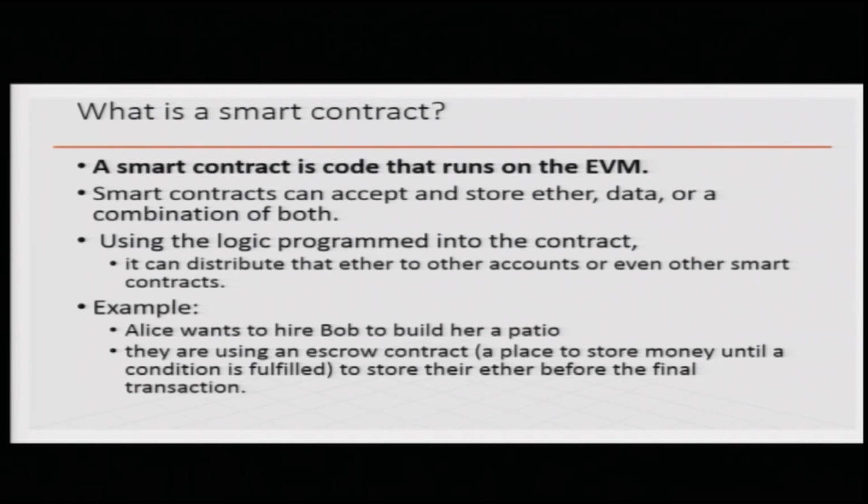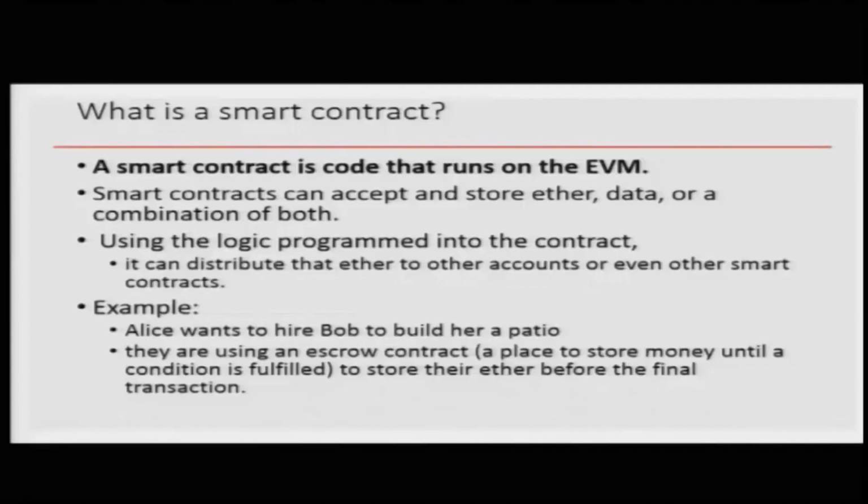So Bob puts in some money as a kind of deposit, and Alice puts some money which will eventually be paid if the work is done to her satisfaction. And the smart contract is programmed to accept a command from Alice that says, I am satisfied and now you can pay. So pictorially, this is what it looks like.